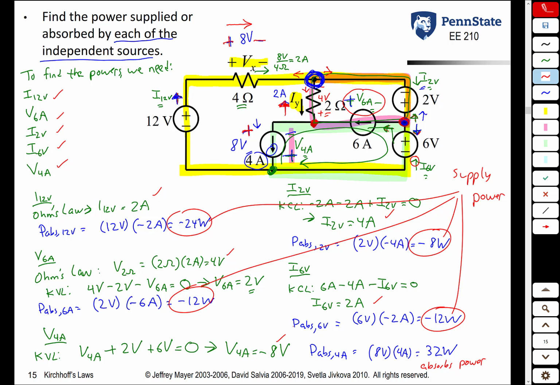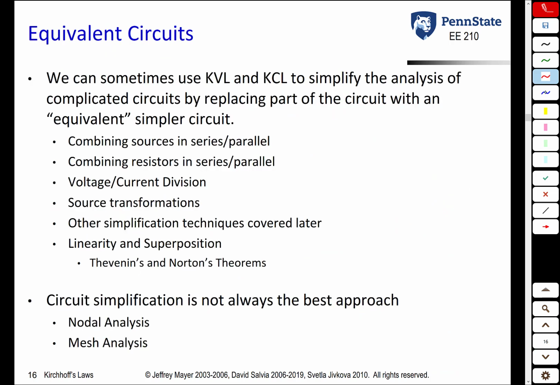And we're going to see there are 2 basic approaches to solving circuits. The first approach is using what's called equivalent circuits. The idea here is to use Kirchhoff's voltage law and Kirchhoff's current law to try to simplify a circuit by replacing parts of the circuit that you're not as interested in with an equivalent, simpler circuit. So some of the things that we're going to see that you can do, you can combine sources that are in series or parallel.